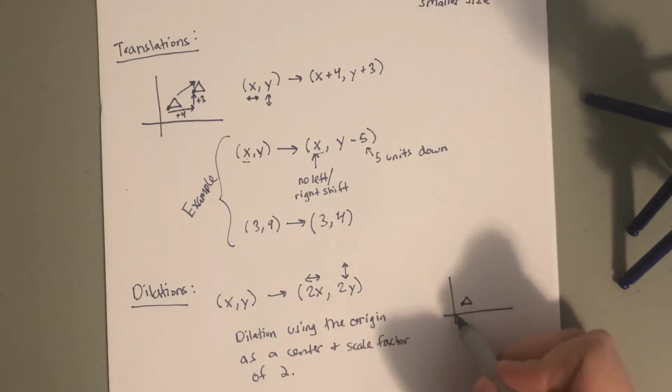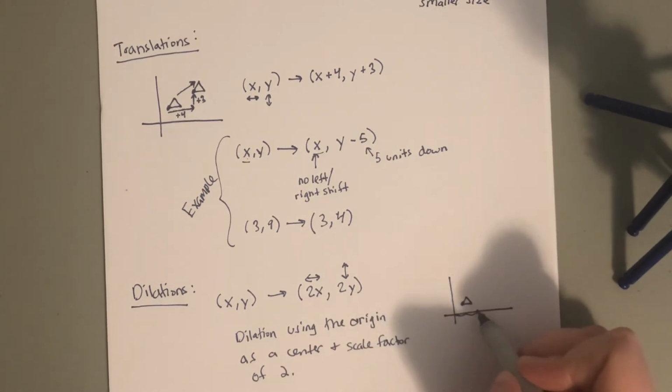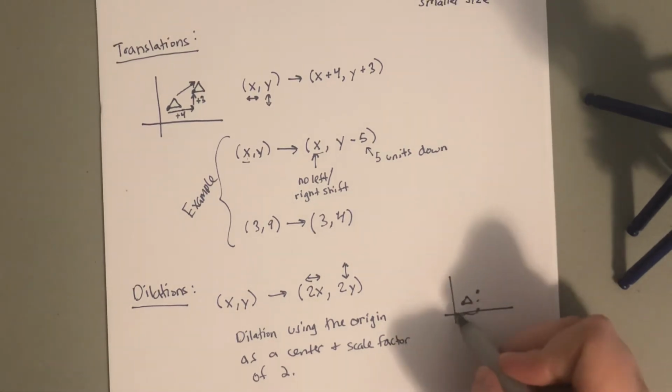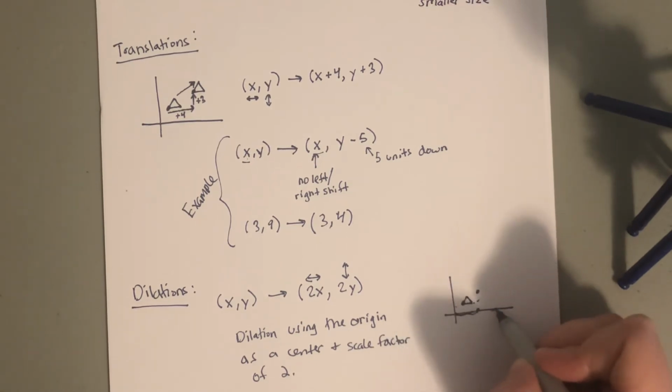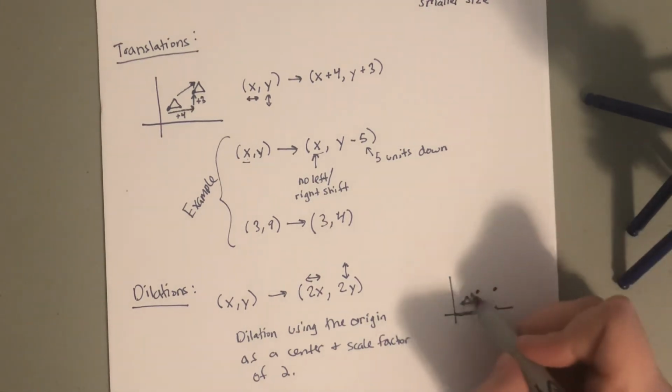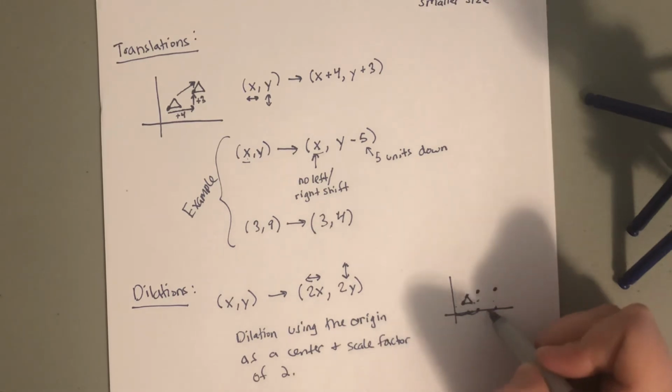So the new point is going to be like out here, and then it went up that far, so now it's going to be going up twice that far. This one is going to take that distance, and it's going to go twice as many x, and then it's going to go twice as far up. This point up here, it's going to go out that far, so it's going to do twice that.